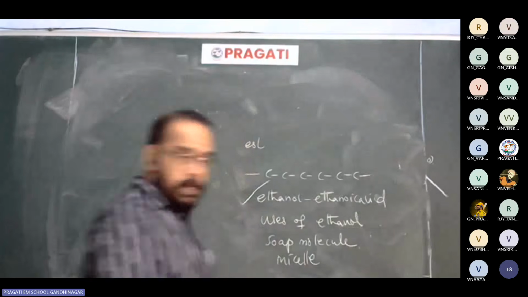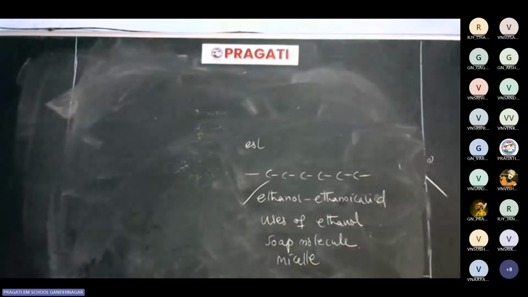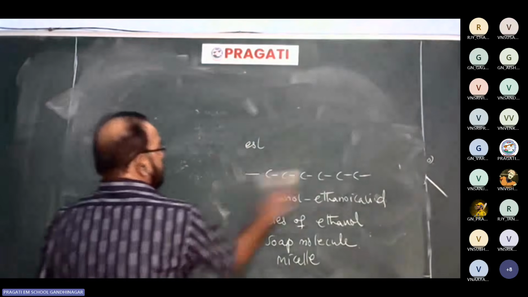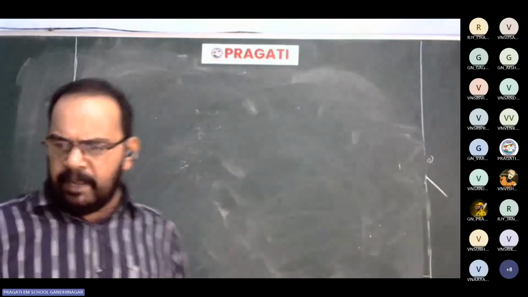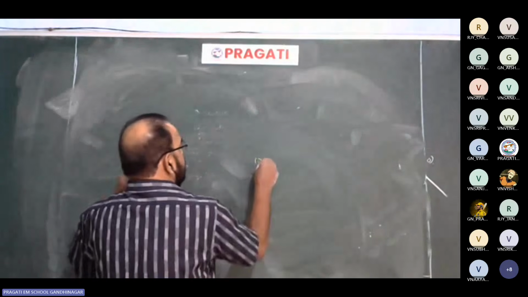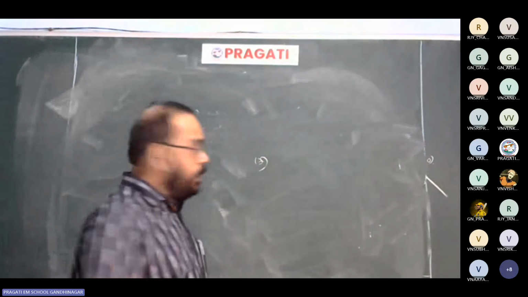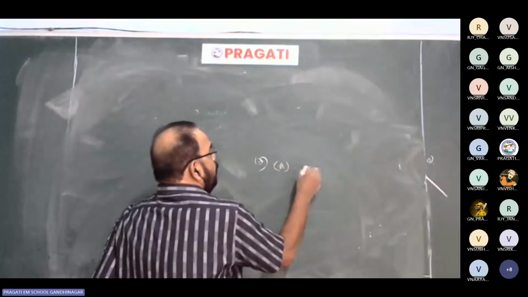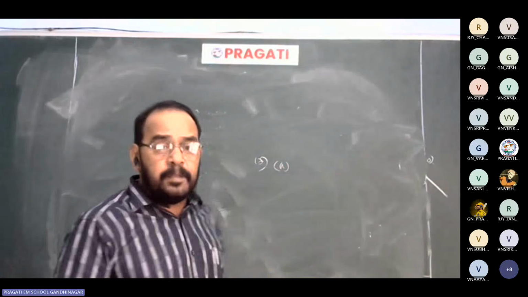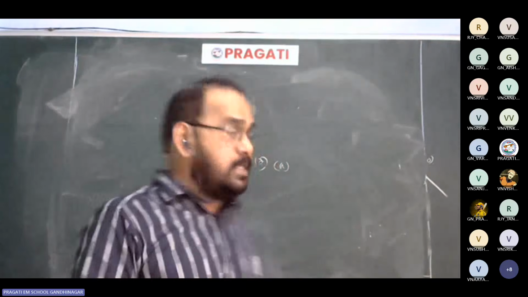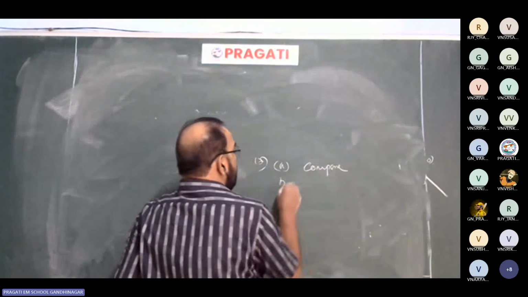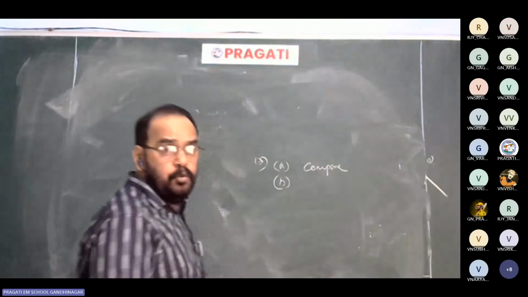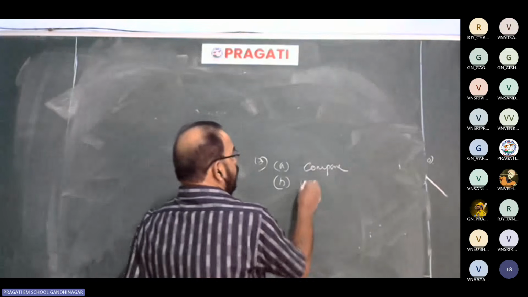As I said yesterday, sometimes the question paper will contain, for example, an 8-mark question with a table. Tomorrow another kind of question can come. For example, in question 17, part A asks you to compare the properties of ethanol and ethanoic acid, and part B asks you to write two uses of ethanol and ethanoic acid.